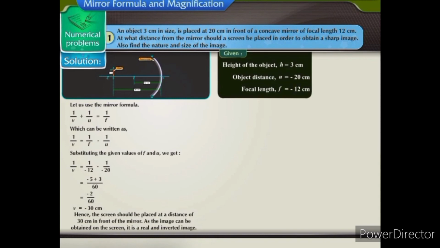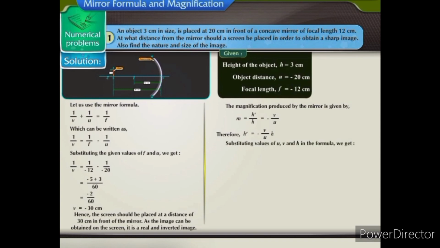As the image can be obtained on the screen, it is a real and inverted image. Now the magnification M is given by M is equal to h dash divided by h, which is equal to minus v divided by u. Therefore, h dash is equal to minus v divided by u multiplied by h.